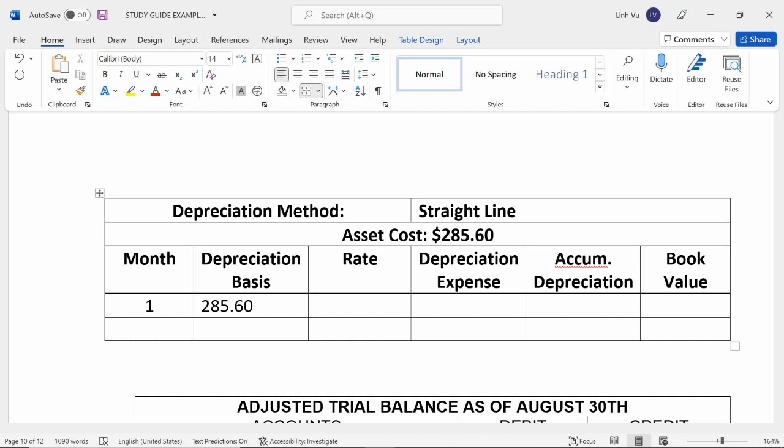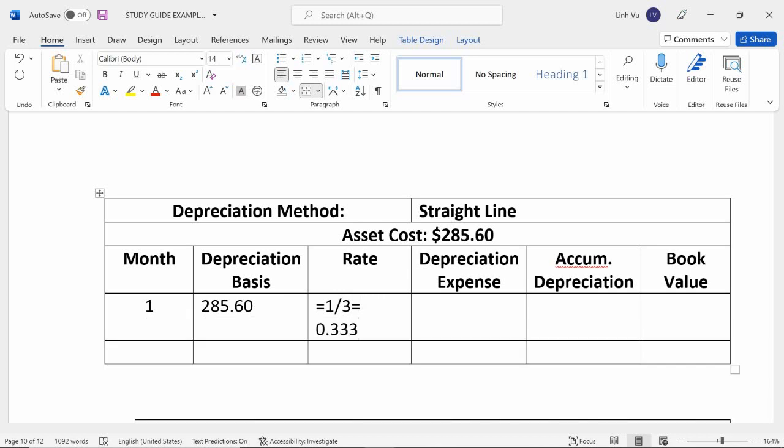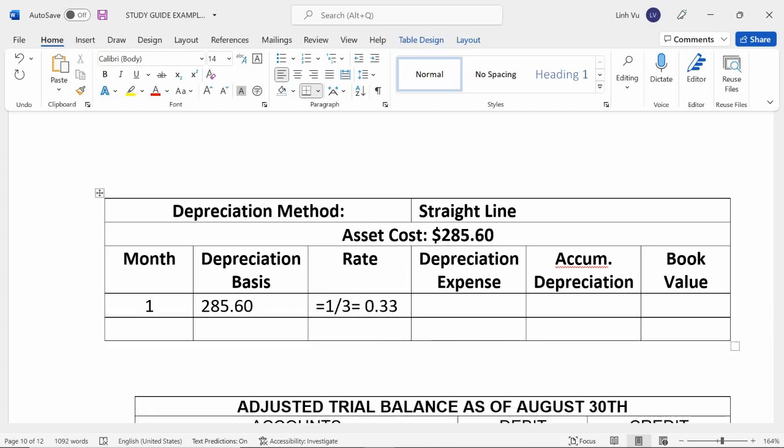We said it was 3 years, so my rate is going to be 1 over the estimated useful life, which is 0.3333.